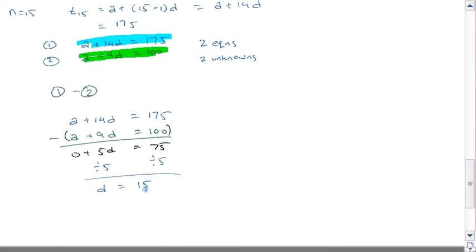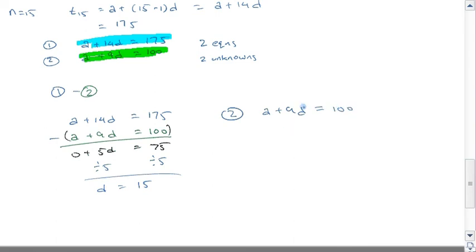Alright, so now I know d is equal to 15, so now I can plug this into one of those equations to work out what a is. So let's do equation 2. So remember, a plus 9d was equal to 100.